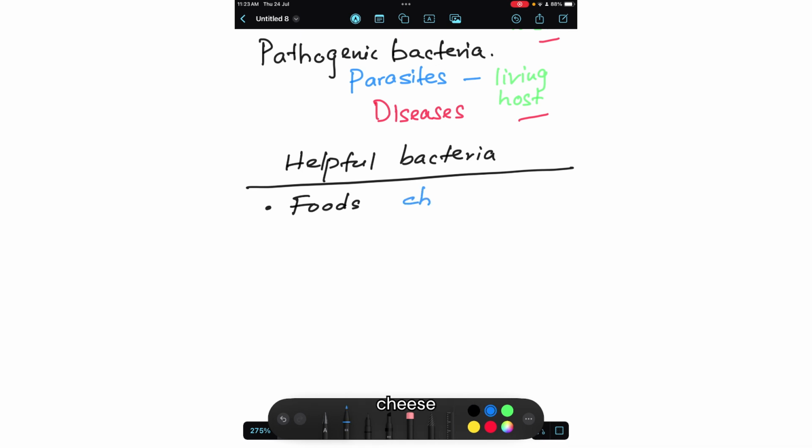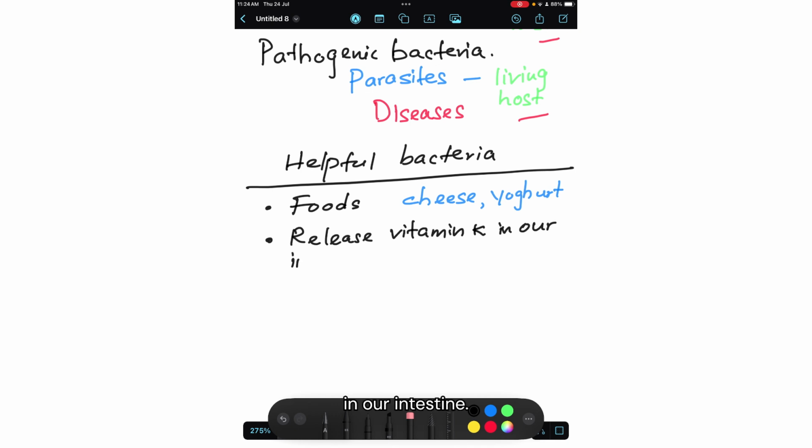For example, cheese and yogurt. And some helpful bacteria release vitamin K in our intestine.